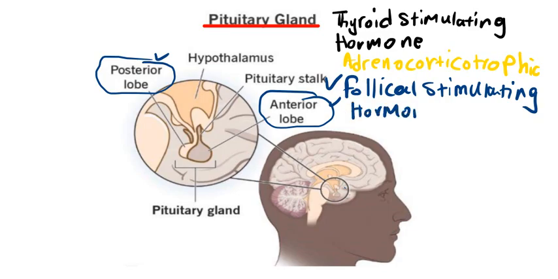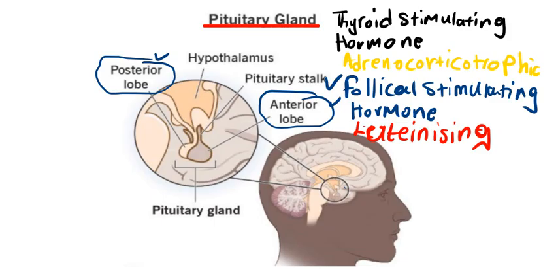And then we also have what we call the luteinizing hormone. Now, we have to understand that there are a number of hormones that stimulate other endocrine glands to function, but in this video we are going to look at these.